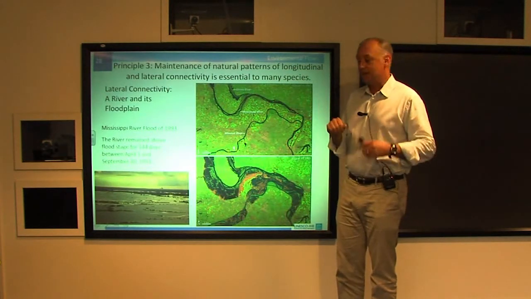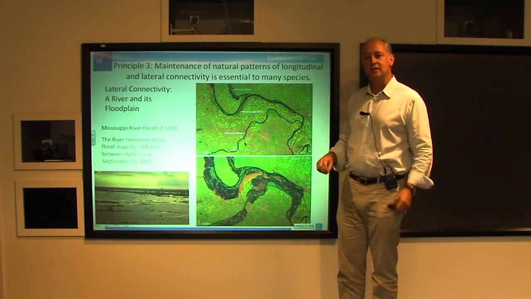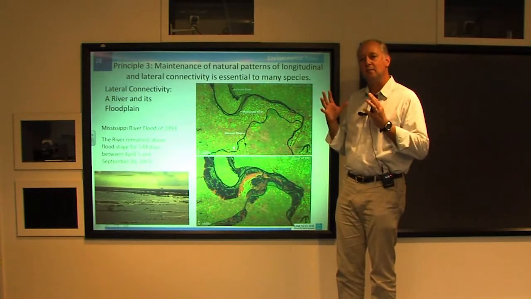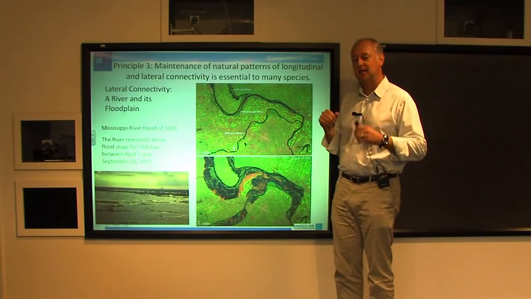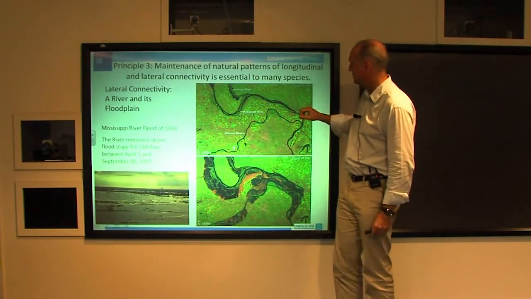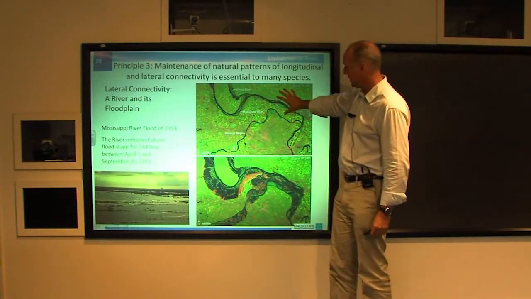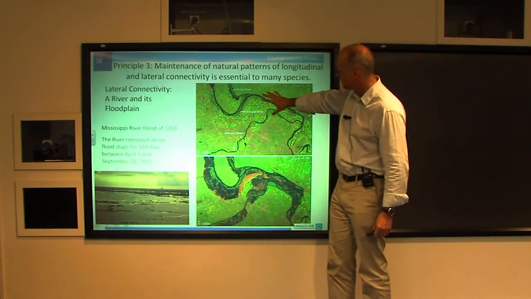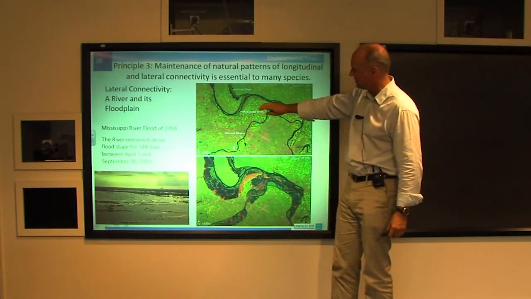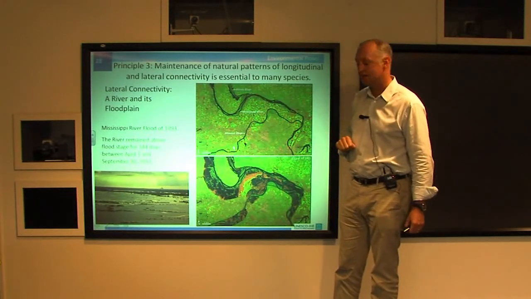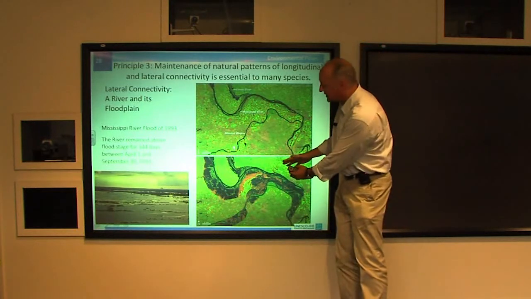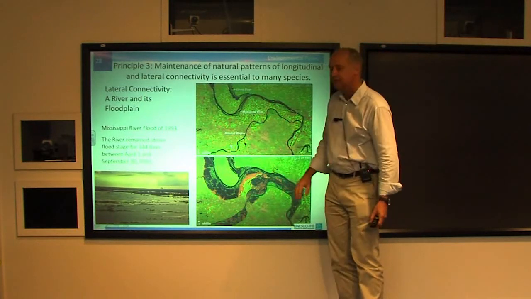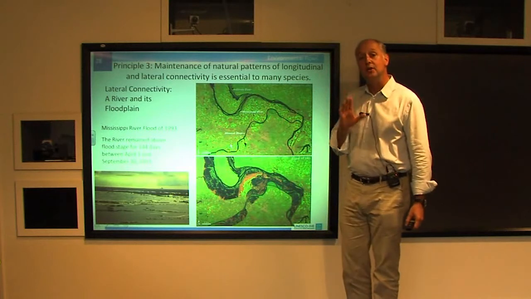Thinking about lateral connectivity, this is just an illustration to demonstrate how much habitat can be opened up. These are satellite images of the Mississippi River in North America. And this is the Mississippi before the flood, an especially large flood that occurred in 1993. And this is the extent of the river, the extent of the flooded area during that flood.